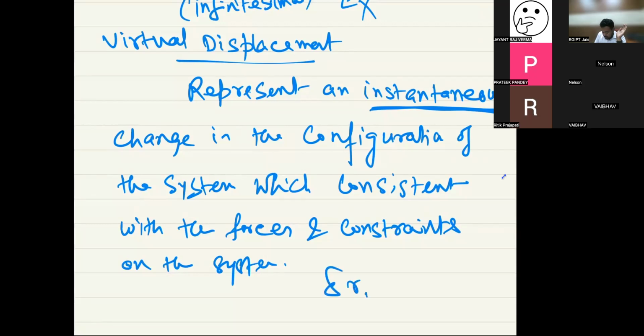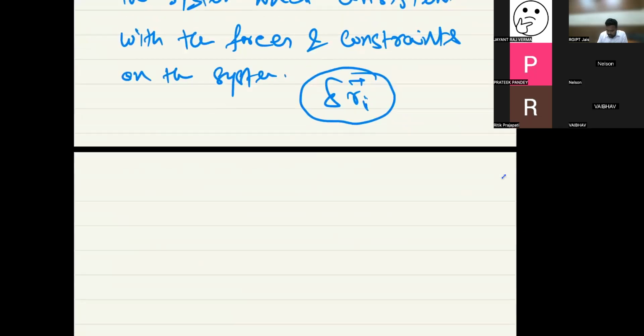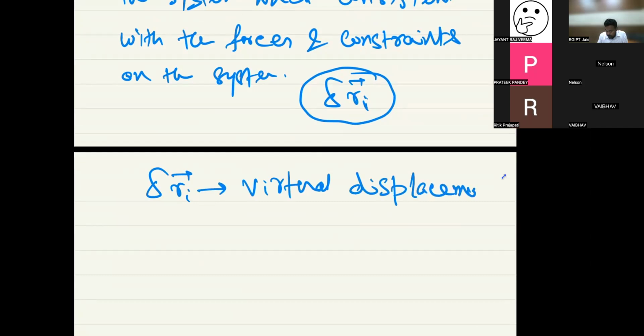You need to be careful with this symbol from now onwards. Delta Ri is virtual displacement, and dRi is real displacement.